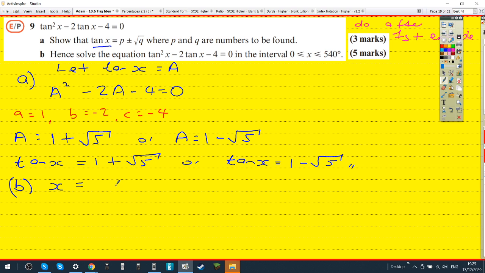So the first one will be 72.828 degrees for tan x equals 1 plus square root of 5. And then for minus square root of 5 it would be minus 57.027.